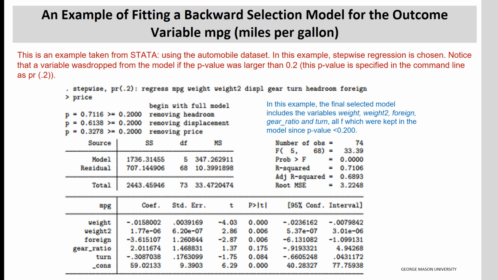All, as you can see here, the overall model fit is statistically significant, and several of the variables that were chosen to be part of this model are significant predictors of MPG, which stands for miles per gallon.